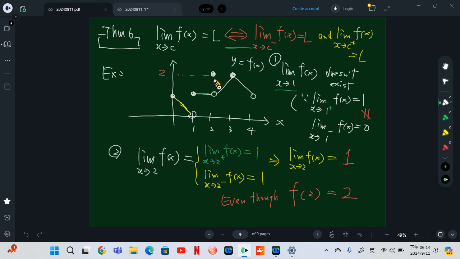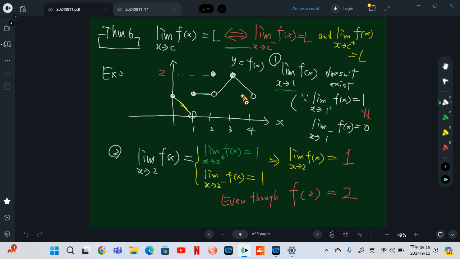But you can also take a look at this point. When x0 is 3, from the right hand side, the limit is 2. From the left hand side, the limit is also 2.